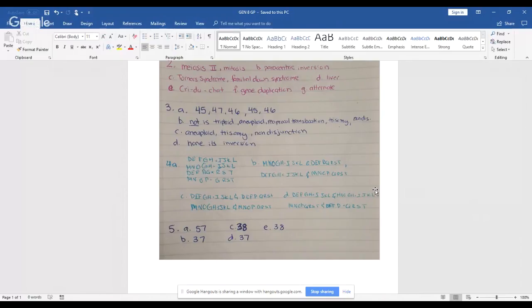So it says diagram these chromosomes in prophase 1. So I just kind of wrote them right next to each other for that first part.